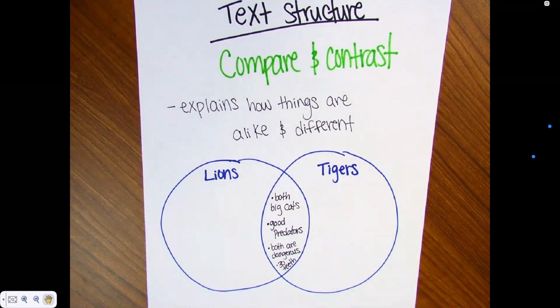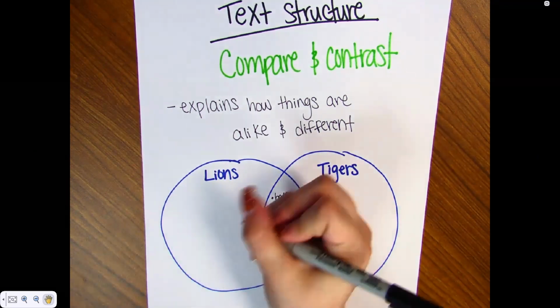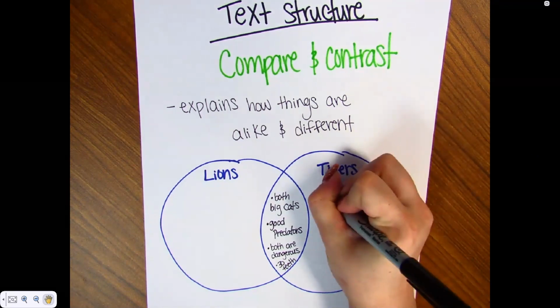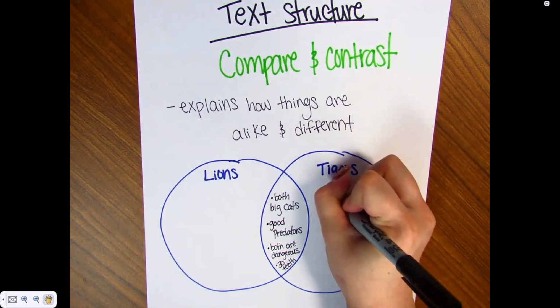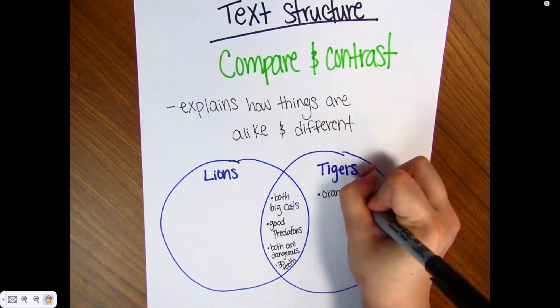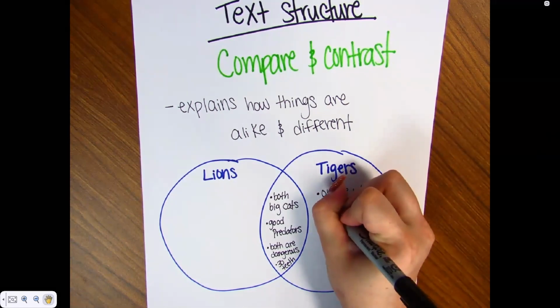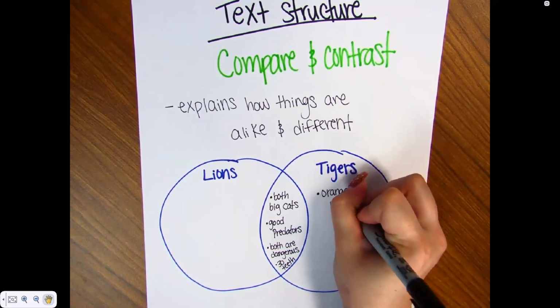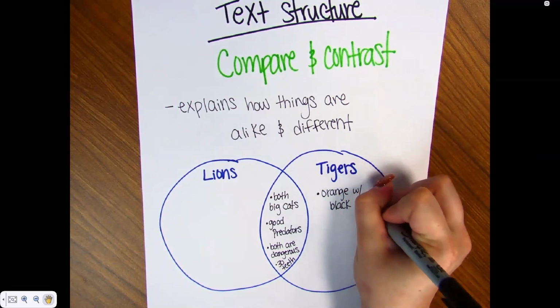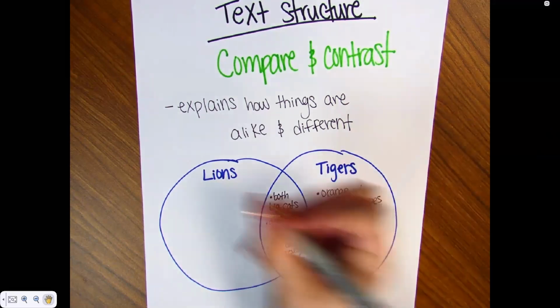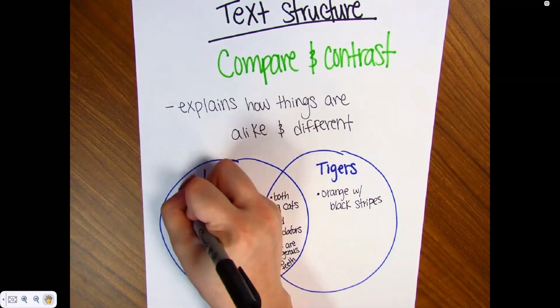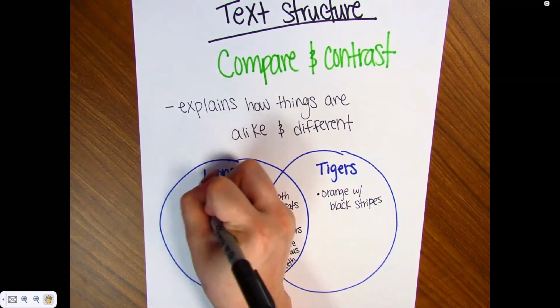Kason? They both have different colors. Okay, they're different colors. So the tiger is orange with black stripes. And the lion is kind of like a light brown.